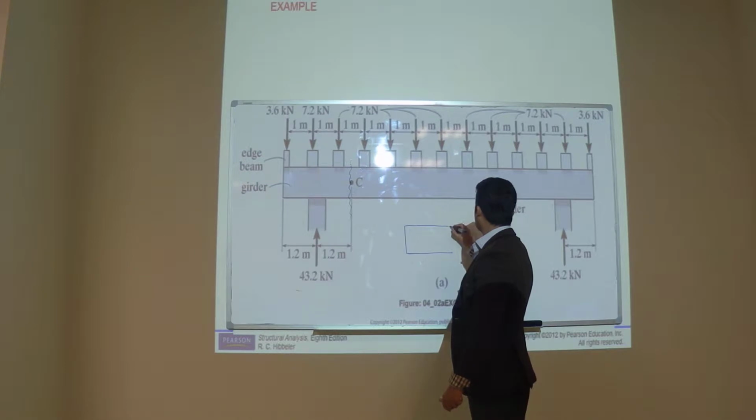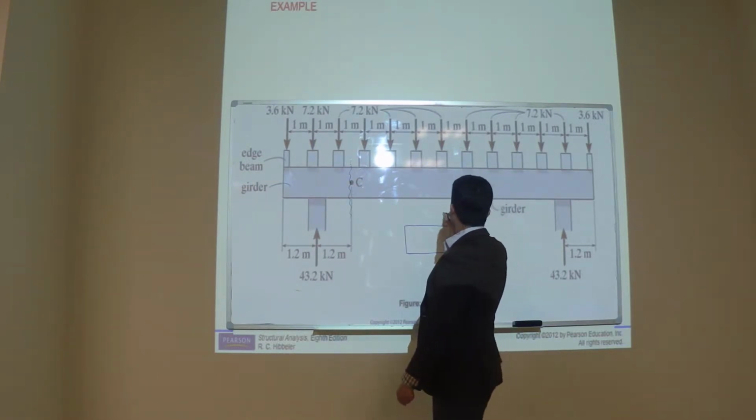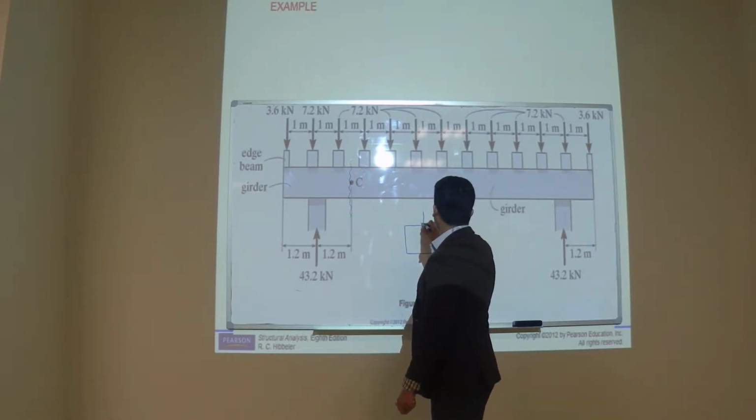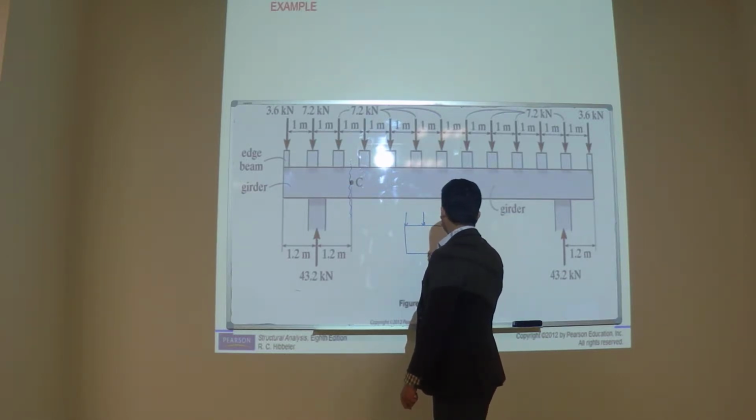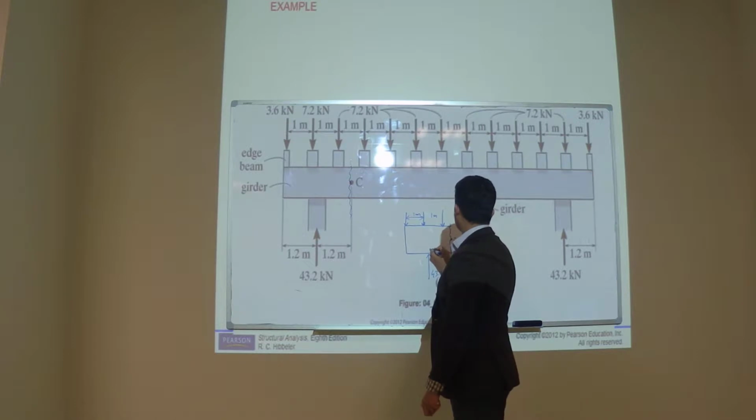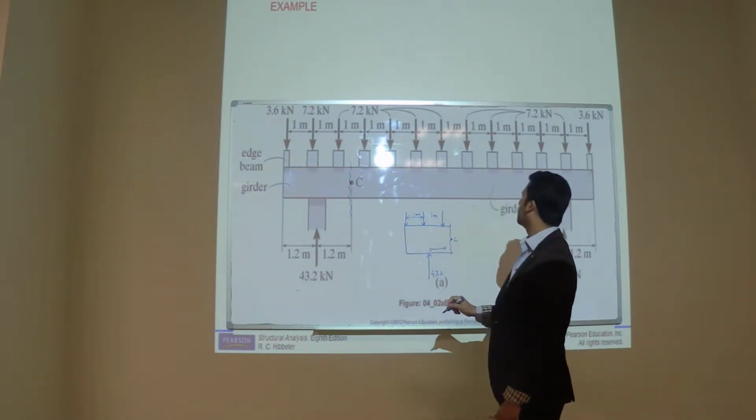Okay. So you have one force here, 1 kilonewton, 1, 2, and the third one, 3, and you have a reaction here upwards. And this is 1 meter. Yeah, 1 meter. And this is point C. This distance is also 1 meter. No, 1.2 meters.